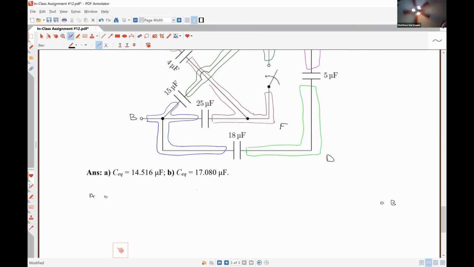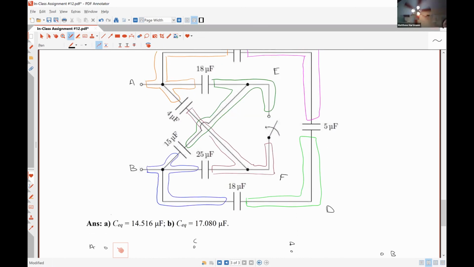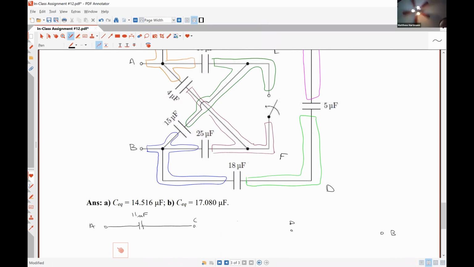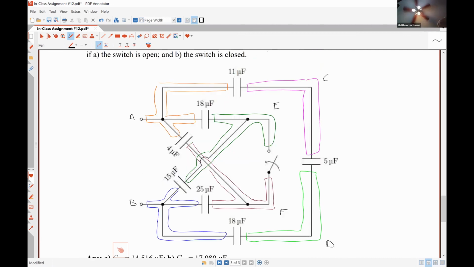So here's C and here's D. From A to C, I have 11 microfarad. From C to D, I have a 5 microfarad. And from D to B, I have an 18 microfarad. So that takes care of this guy, and this guy.